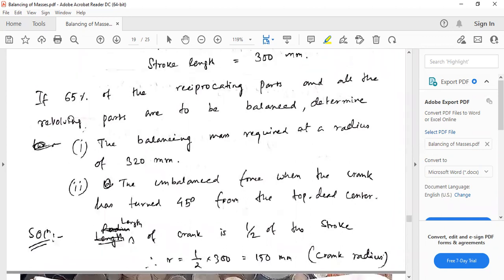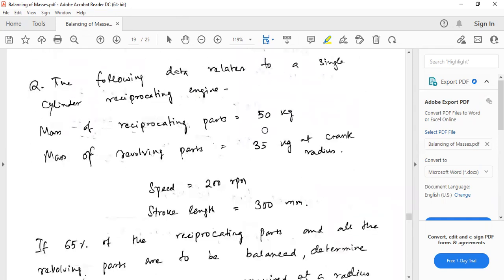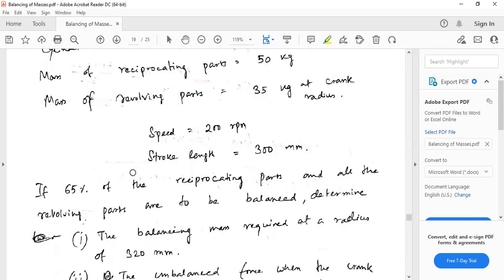Now, 65% of the reciprocating parts and all the revolving parts are to be balanced. So we have to balance 65% of this. I told you that we don't balance the entire amount of mass. So here 65%, that is 0.65 multiplied by 50. So here the value of small c is 0.65.